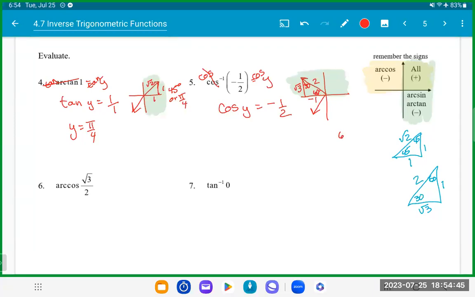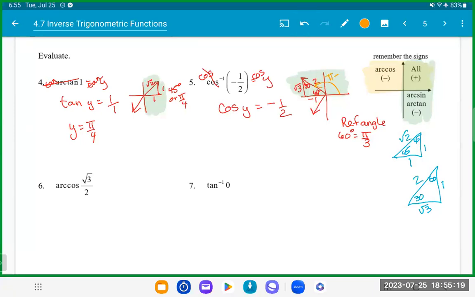60 degrees is the same as pi over 3, because that's 1/3 of 180 degrees. So 1/3 of pi is equivalent to that. But the reference angle is pi over 3 or 60. So my actual angle, which we're trying to discuss, that's going to be my 2 pi minus, I mean, not 2 pi, sorry, just pi.